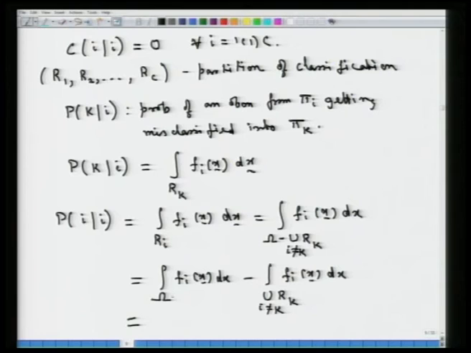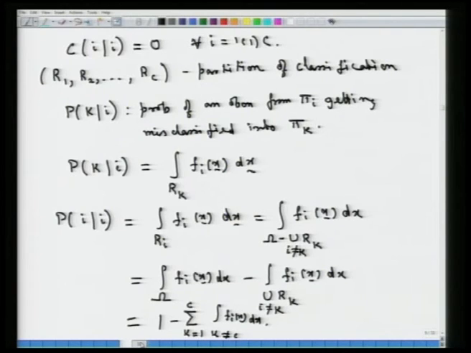So, the first term here is going to be equal to 1, and the second term is the summation over k equal to 1 up to c with k not equal to i, because we have taken out that R i region, of these integrals of f i x dx. So, these are the quantities which would be required as such to define the expected cost of misclassification.